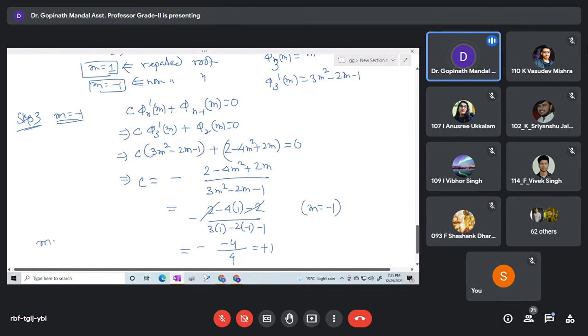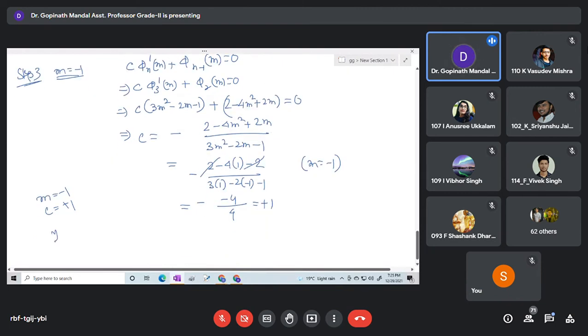So for m equal to minus 1, c equal to plus 1. So we get one asymptote: y equal to mx plus c, that is minus x plus 1. So y equal to minus x plus 1 is our first oblique asymptote.